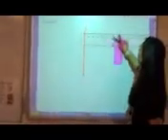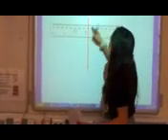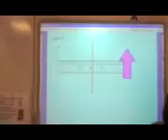That distance from there to there is 8 centimetres, therefore that distance from there to there is also 8 centimetres. I'm just going to mark that point there.